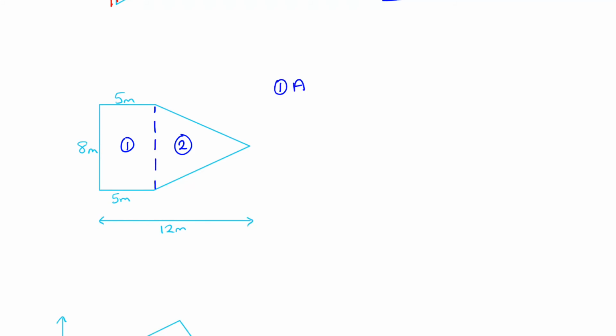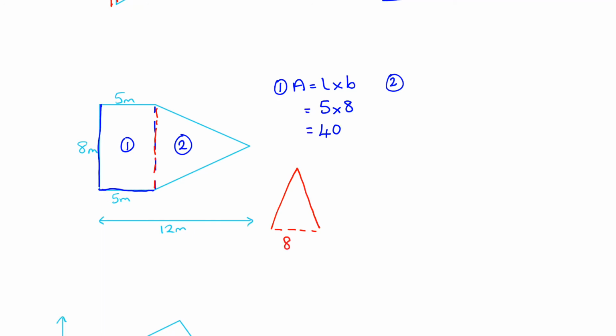So the first one is a rectangle, so it's length times breadth. And we're going to say the length is 5 and the breadth is 8. Okay, so that's 40. And then the triangle, well, if we imagine tipping this on its side so that the triangle's that way up, then the base there, that's 8 centimetres.